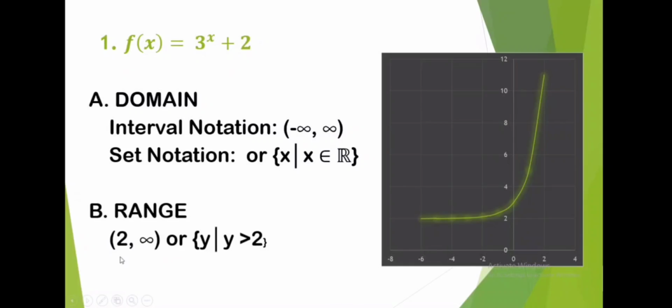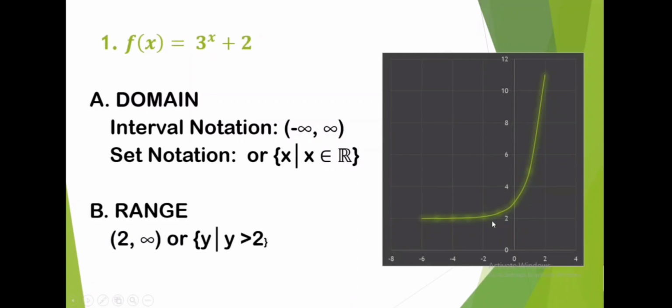We have 2 until infinity enclosed with parentheses, since this graph will not actually cross y equals 2. Or in set notation, we have y is any element of real numbers such that y is greater than 2.